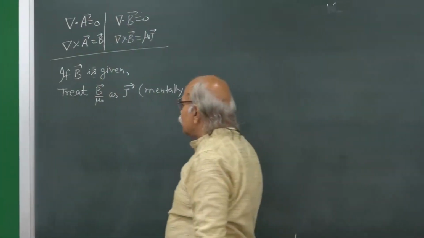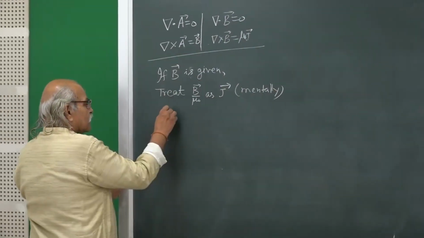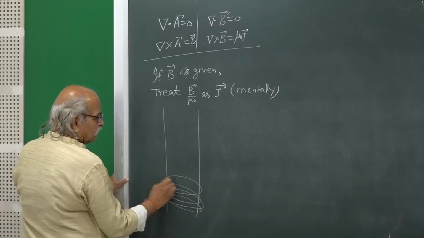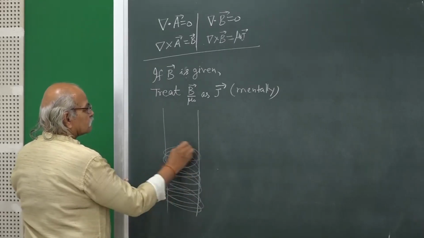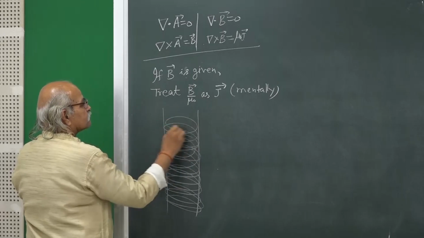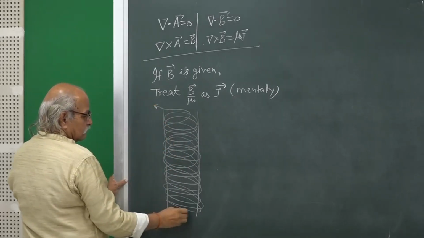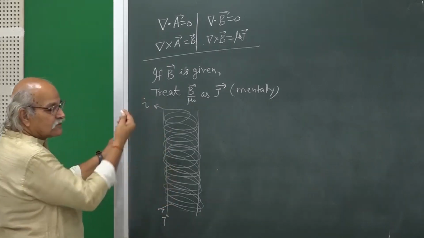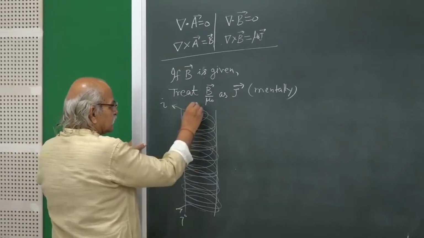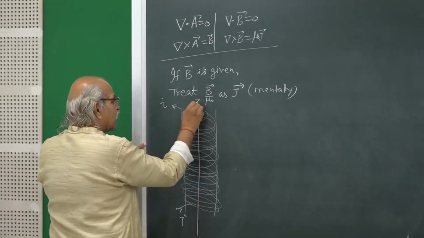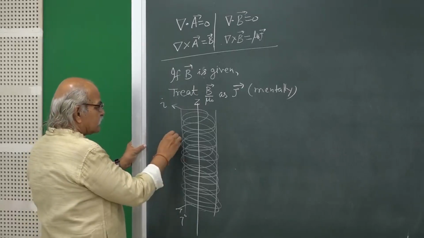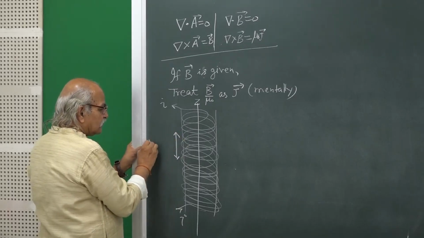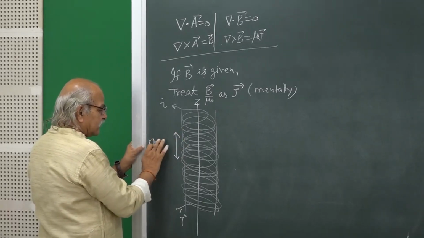Let us take the example of a long solenoid. We have a long solenoid, and current I goes through every turn, and this is, let us say, the z axis, the central axis, and the number of turns per unit length is n.